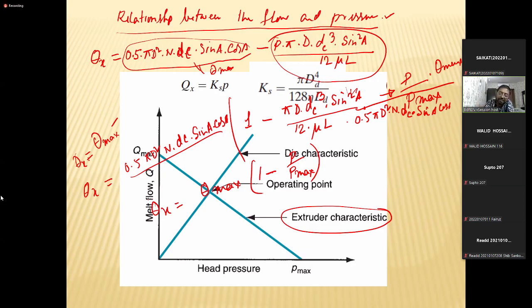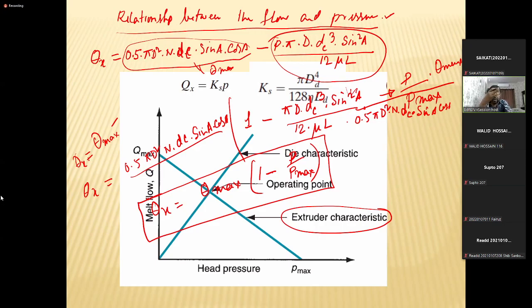So this is our characteristic equation, and it is constant for a particular extruder. So depending upon the P, Q max will be given.